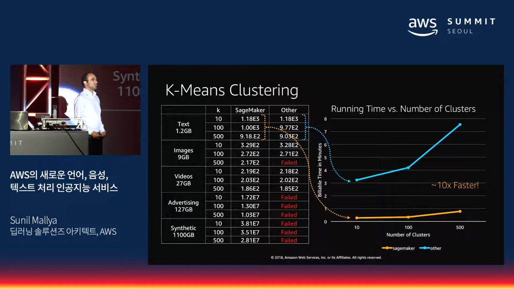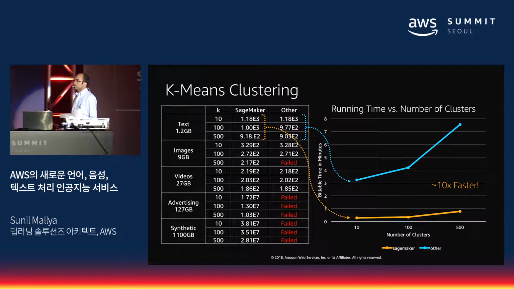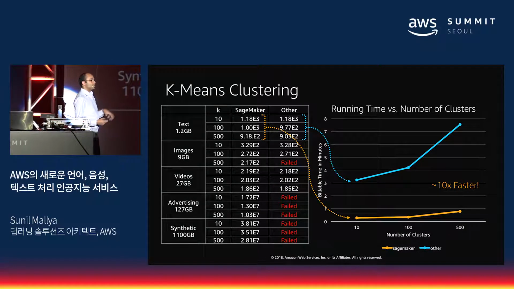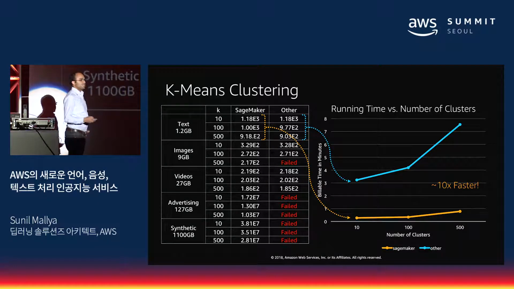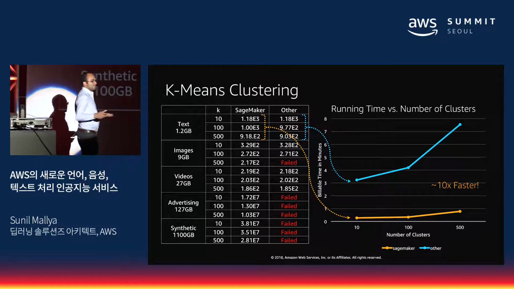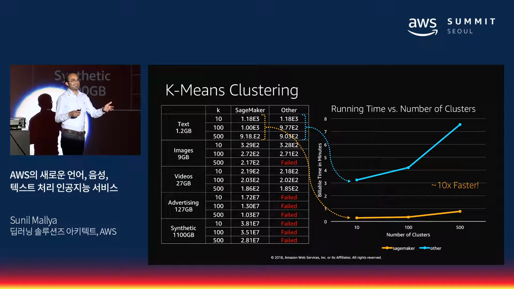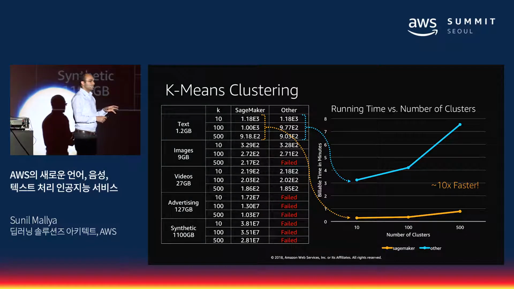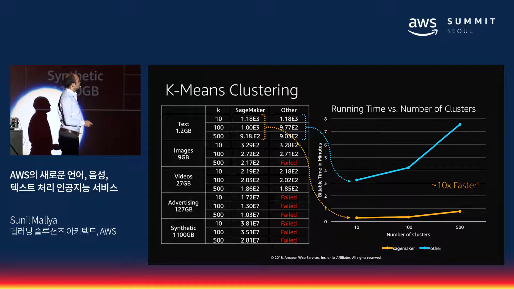Now, k-means clustering, this is an unsupervised example. For people who are not familiar, we have multiple data points and we are trying to cluster them. As you can imagine, clustering with just 2 clusters is easier than, say, 1,000, because you really have to find samples that are close to each other.